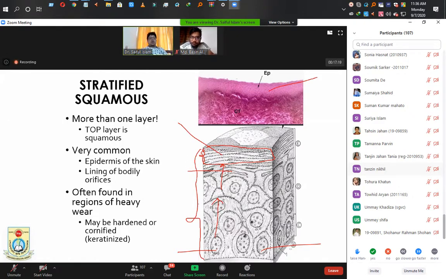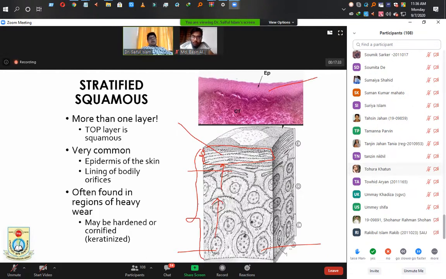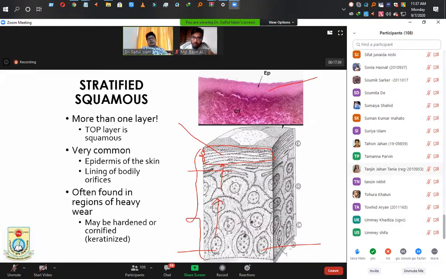What you will find is only some cytoplasmic filaments. Everything will be decomposed, nothing will be left. There is no life. So keratin means a dead cell layer. This dead cell layer is produced from the basal layer: the cells proliferate, grow and come to the top, and finally they lose their life.